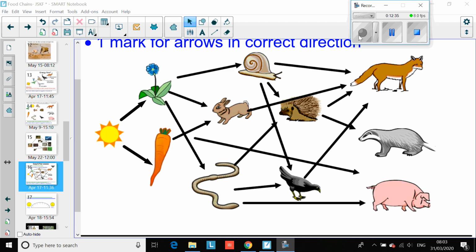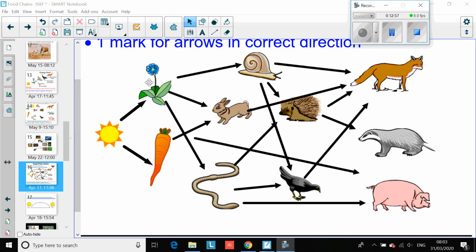Now, the world is not as simple as individual food chains. What I'd like to introduce now is a food web. Okay, now a food web is when different food chains essentially overlap. So we can see here that we're starting with the sun.